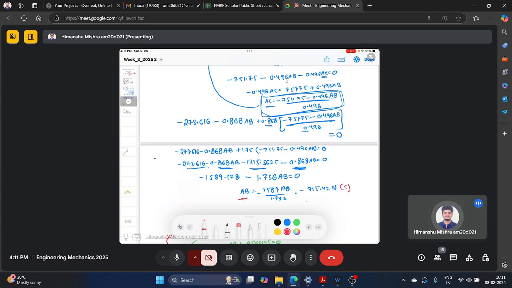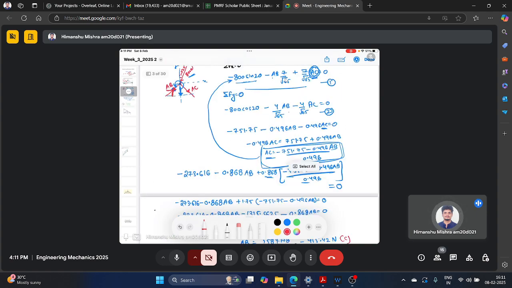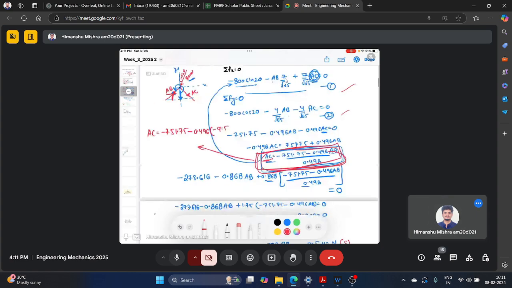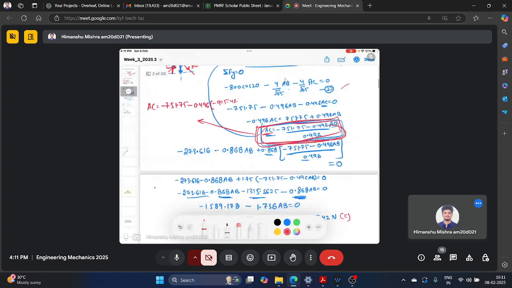Now you found AB, you can use equation 1, 2 or any equation to find AC. When I use this equation, I will have AC equals minus 751.75 minus 0.496 AB, which is minus 915.42, divided by 0.496.